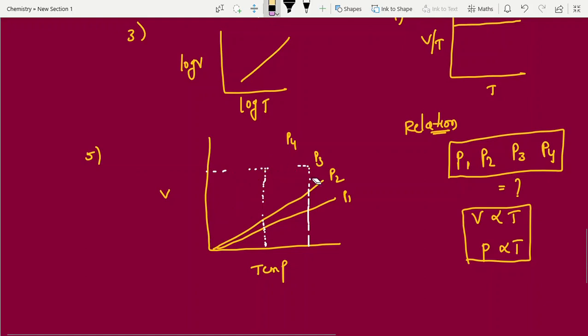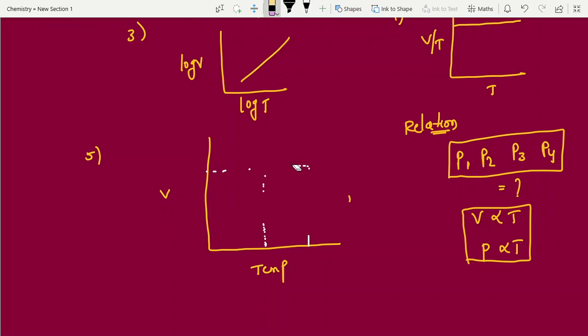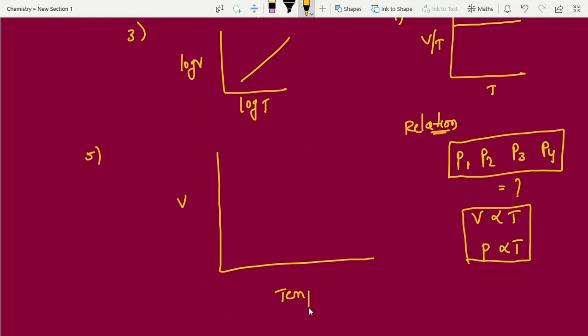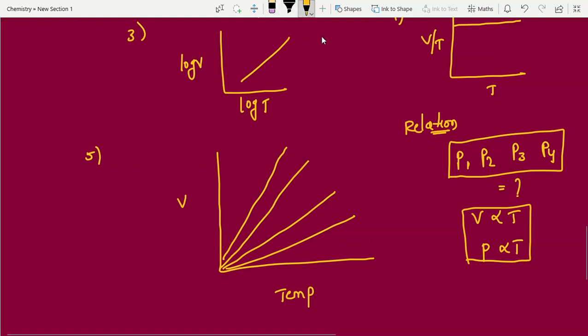A little more clearly I can draw the graph. Volume and temperature. I have taken four different graphs.